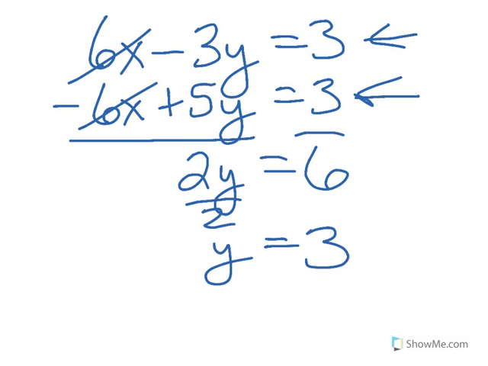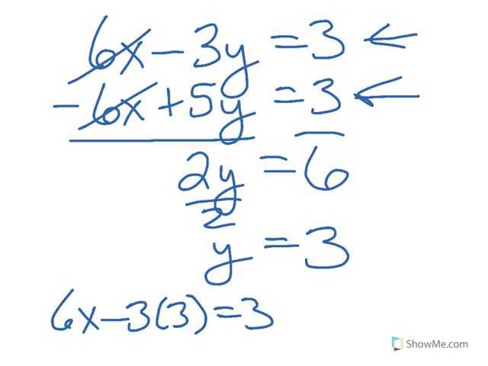Our goal was to find a point, and a point has 2 coordinates. We found the y-coordinate. How could we find the x-coordinate? Well, we can take y equals 3, substitute it into either of the initial equations. I'll substitute it into the first one. So we have 6x minus 3 times 3 equals 3.